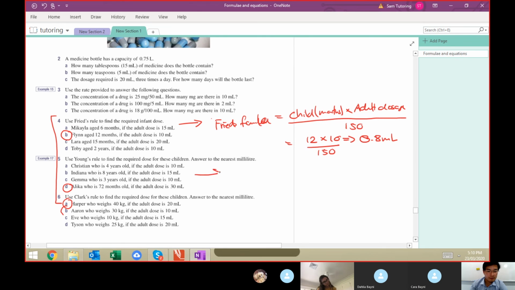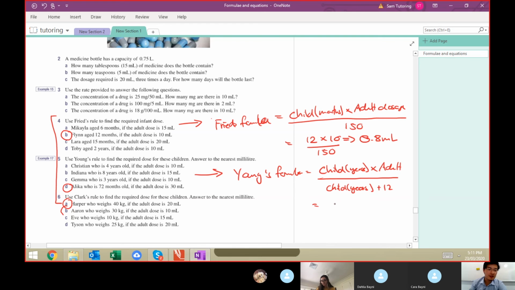Let's look at Young's formula. Young's formula is child in years multiplied by adult dosage, all over the child years again, plus 12. That's the formula. So child years is 72 months.